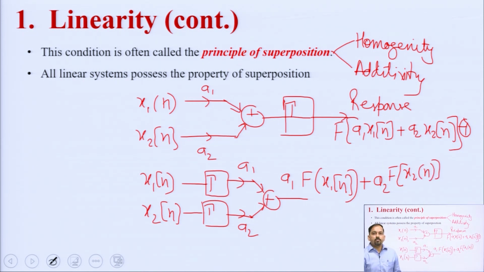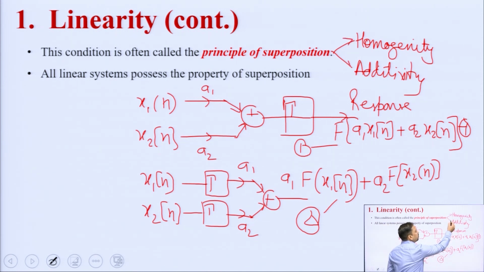This is equation number 2. If both equations are the same, then we can say linearity is verified, because homogeneity and additivity are both verified. So the system is said to be linear, otherwise the system is non-linear.